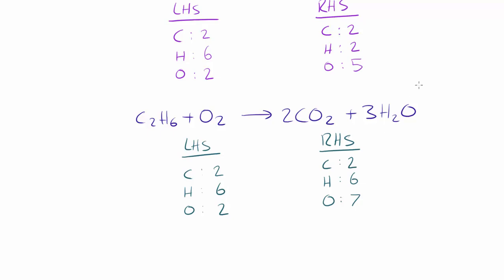And as you can see, what we've got now is that the hydrogens are equal on both sides, the carbons are equal on both sides, but the oxygens are not. And primarily what we've got here is a case where on the right hand side we've got 7, and on the left hand side we've got 2.